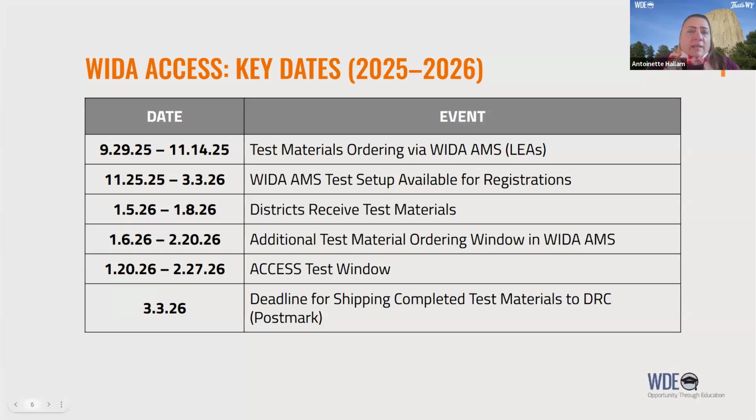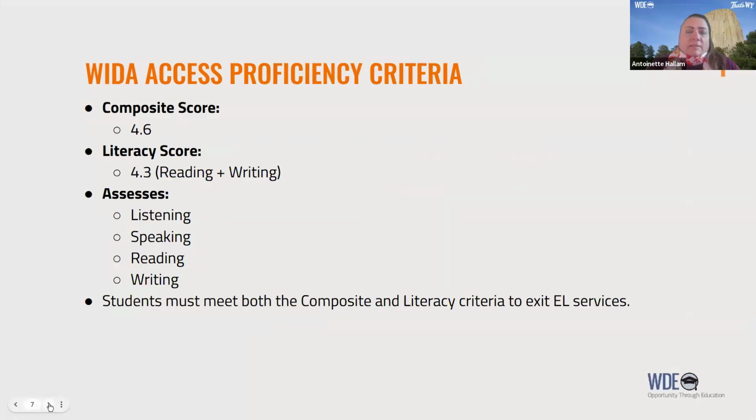To exit EL services using the Access English Language Proficiency Test, students must meet two required scores. A composite score of a 4.6, which is calculated from the domains of listening, speaking, reading, and writing results, and a literacy score of a 4.3, which combines the reading and writing performance.